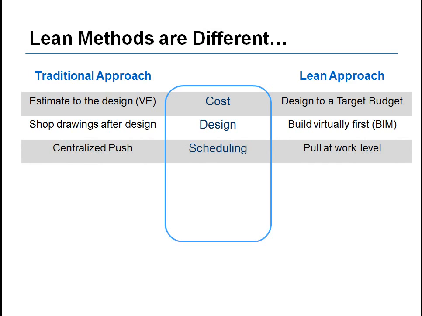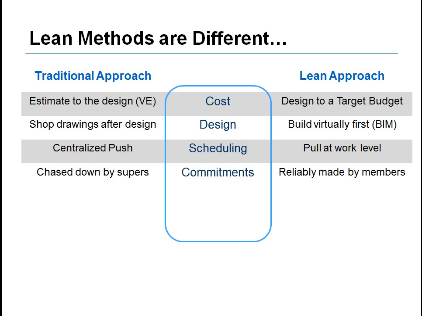Scheduling is pulled from those doing the work to balance crew loads and shorten durations rather than pushing schedules from the top down. Hence, commitments become more reliable by participants, which reduces float and buried contingencies.